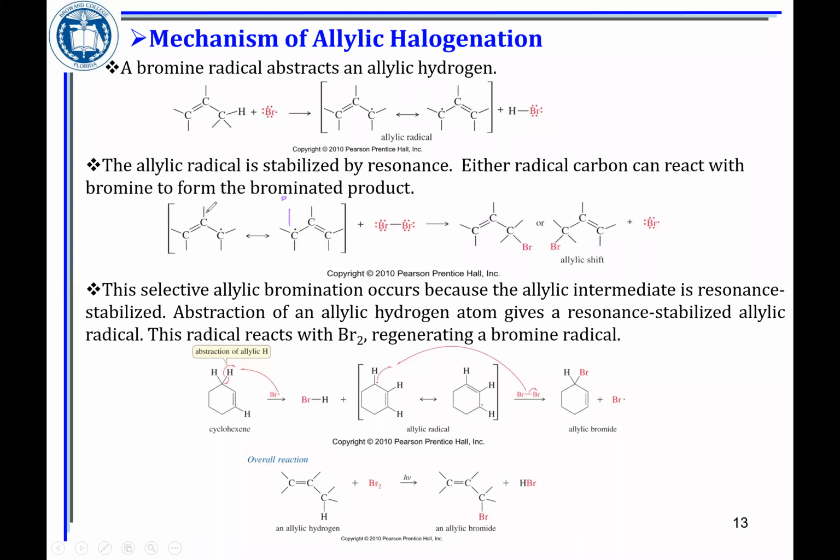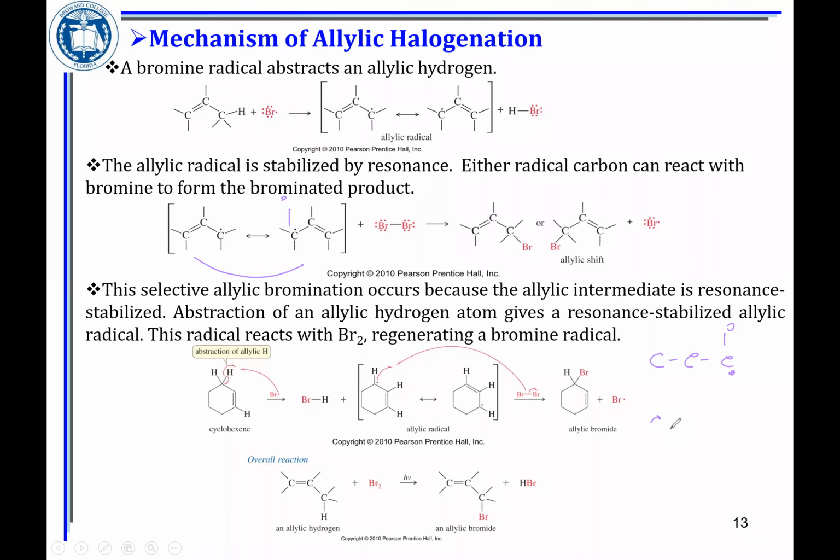The reason for the stability of the allylic free radical is the formation of resonance structures. The more resonance forms, the more stable the intermediate is going to be. And if you do have allylic, then you have at least 2 resonances. But if it's just a primary free radical, there is no resonance.